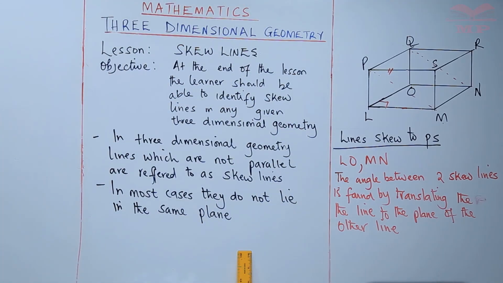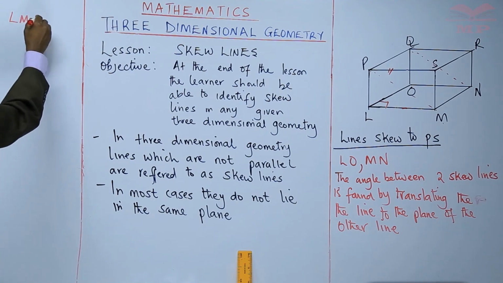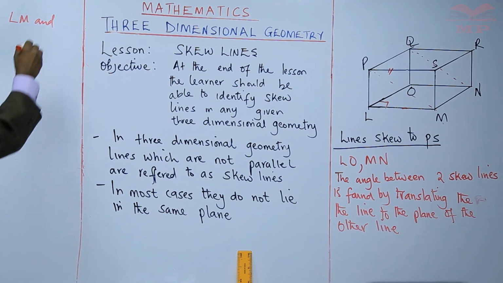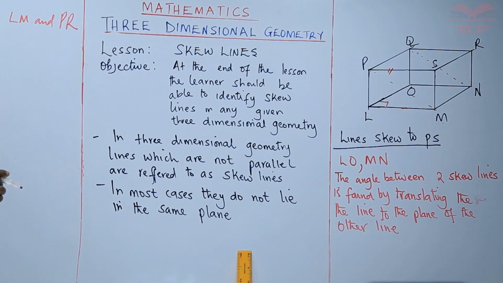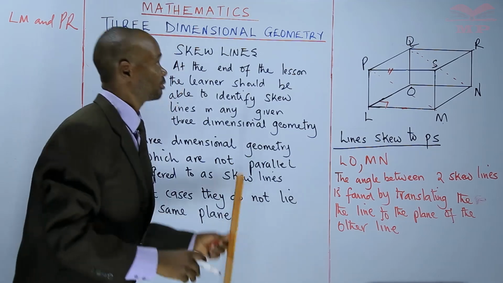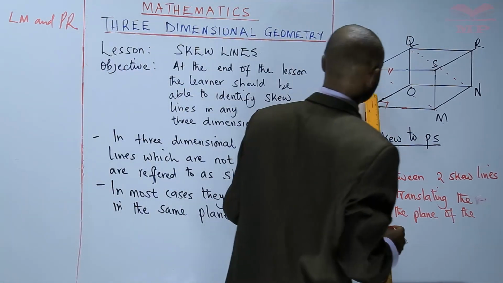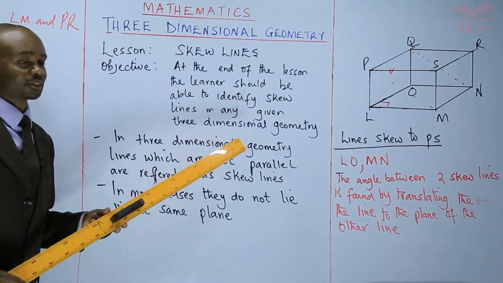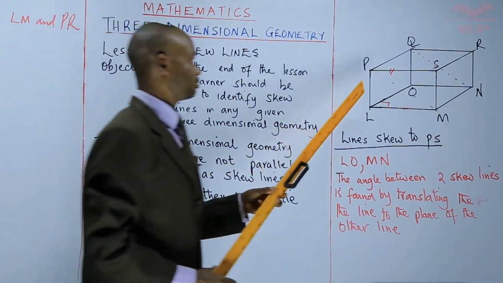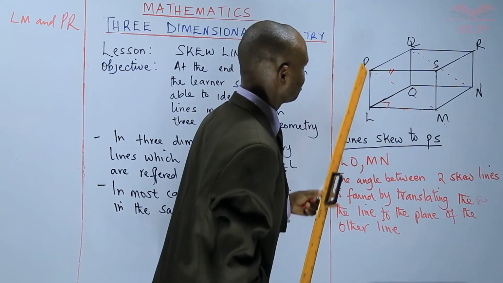We are still to find the angle between LM and PR. So we shall still use our diagram, LM and PR. We want to find the angle between LM and PR.